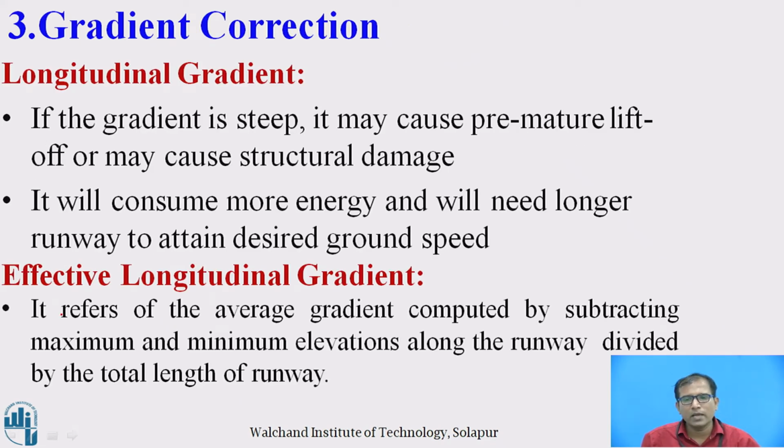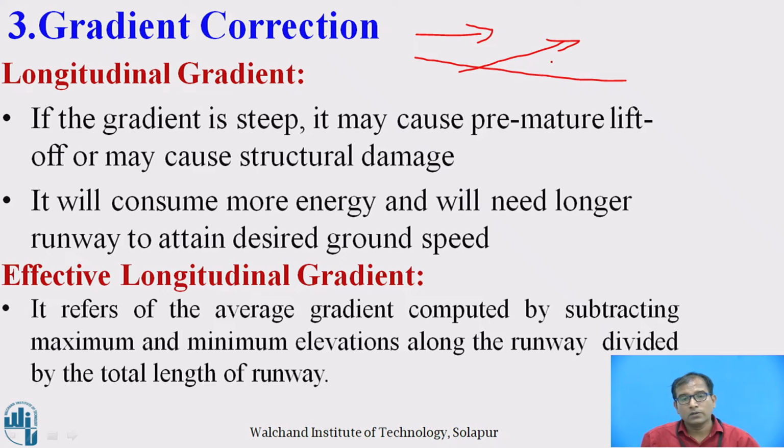Why are we going to apply the gradient correction? As you already know, if the gradient is very steep, it may cause a premature lift, which means the flight is coming for a lift-off. So if it is coming in this direction, and you see that this is a very steep slope, because of this steeper slope the flight may go into the air prematurely, or before the aim point also.